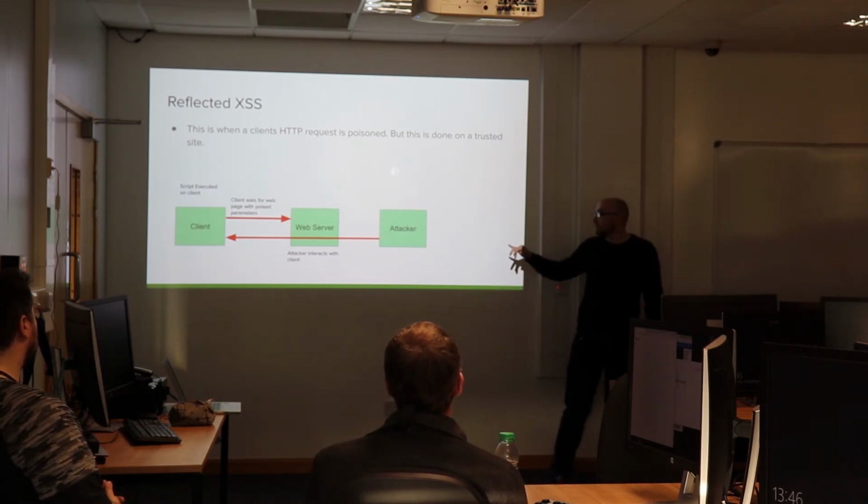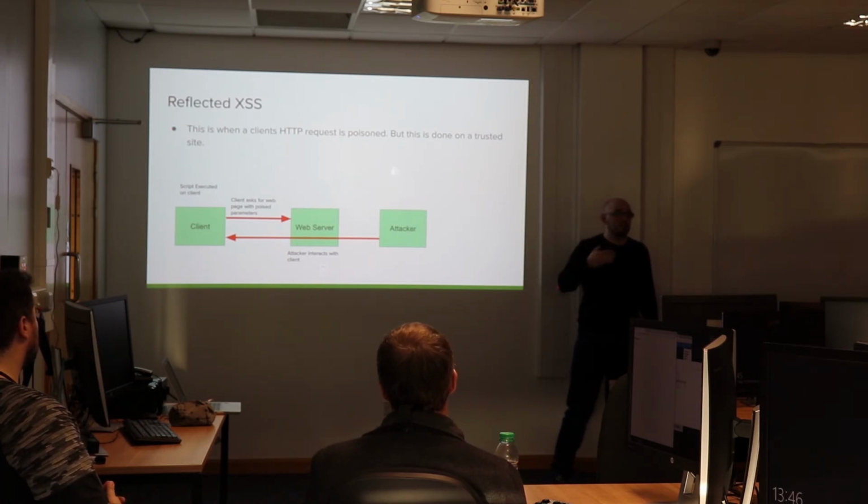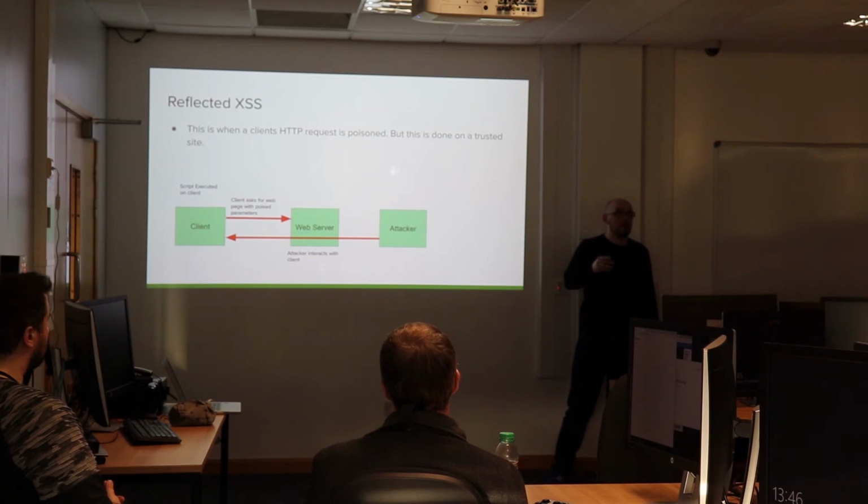This only works when you have that interaction with the client, when you can send them this URL and they click it and it loads up that JavaScript on their page, instead of it already being stored there and being run whenever that page is loaded.